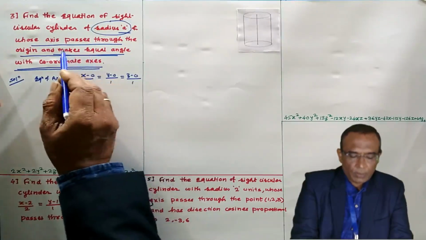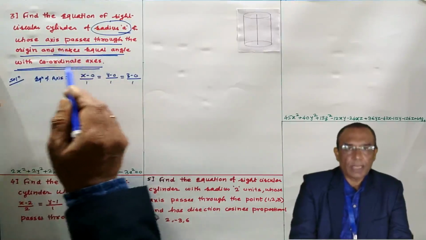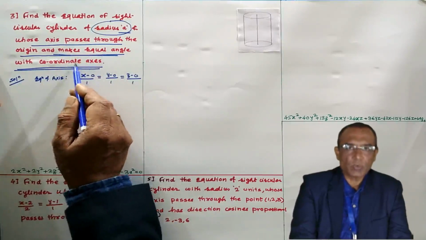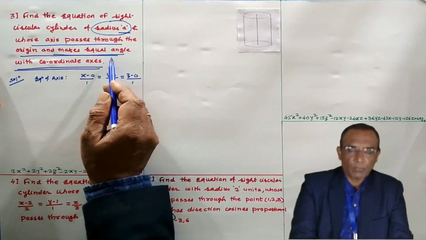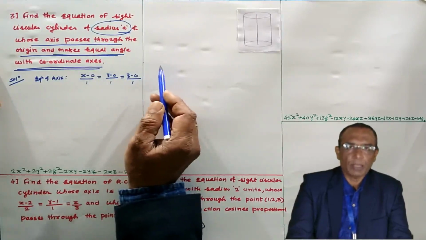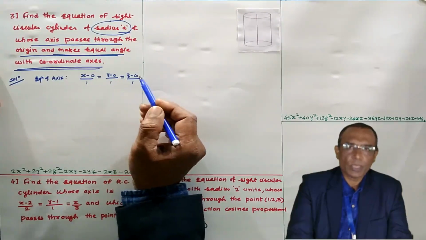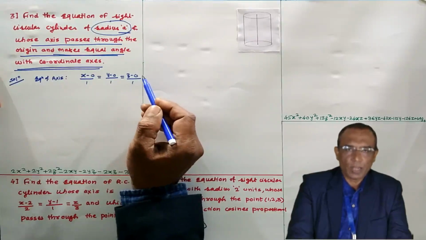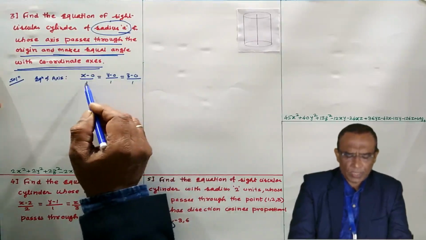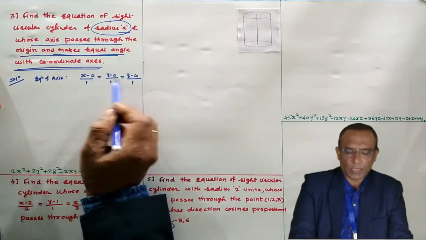Coordinate axes means the x-axis, y-axis and z-axis. Therefore cos alpha, cos beta, cos gamma will be the same, and consequently the numbers proportional to the direction cosines, the direction ratios, will be the same. For convenience, I have taken 1, 1, 1 as the direction ratios of the axis.